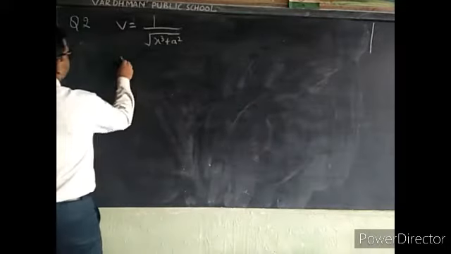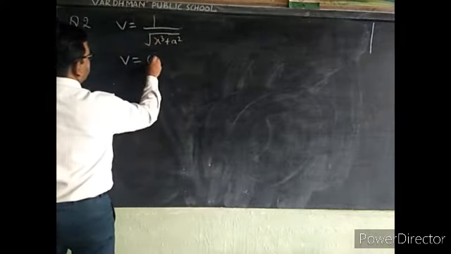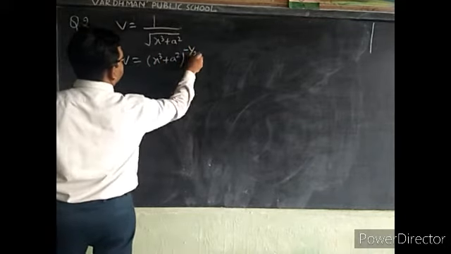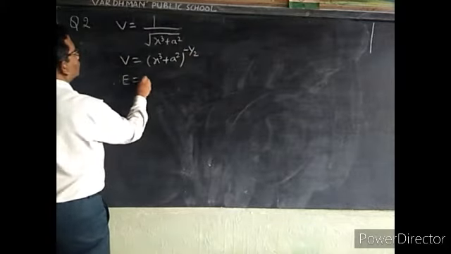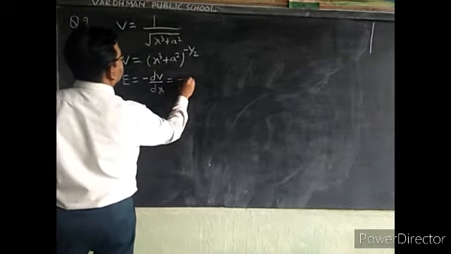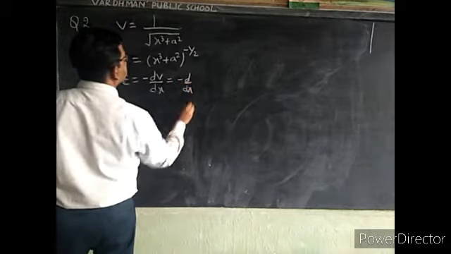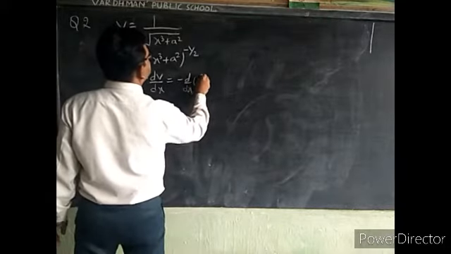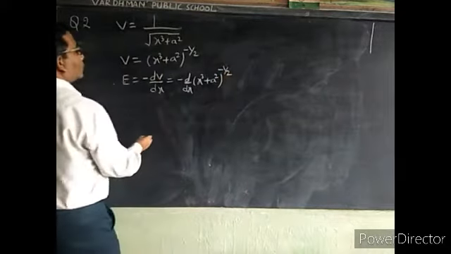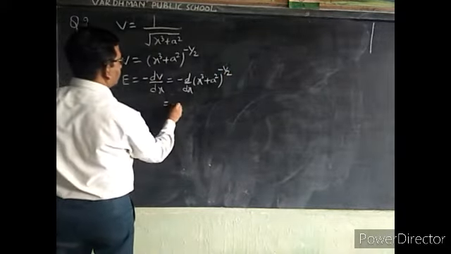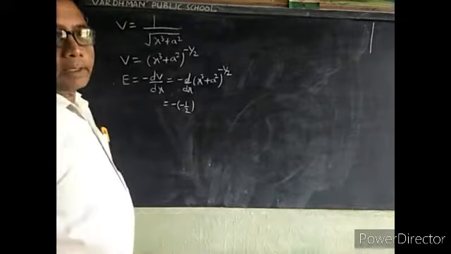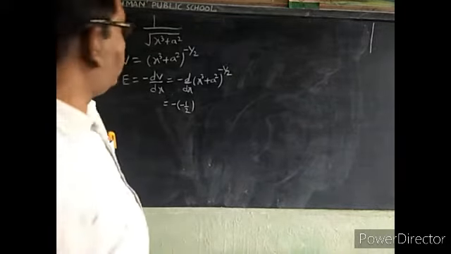First, V is equal to x cube plus a square to the power minus 1 by 2. E is equal to minus dV upon dx, which can be written as minus d upon dx of x cube plus a square to the power minus 1 by 2. This becomes minus 1 by 2, and d by dx of x power n is equal to n x power n minus 1.